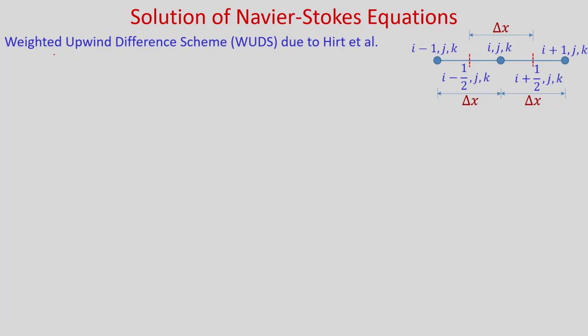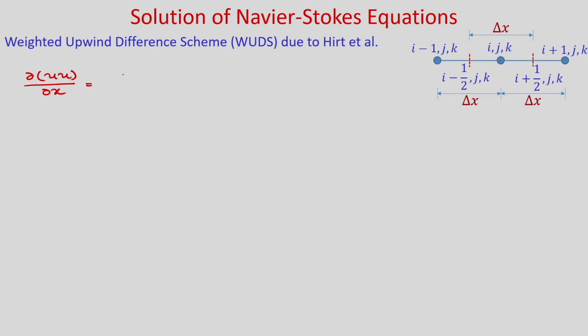So, here we will use the convective scheme proposed by Hart et al. This is the scheme we will use, the weighted upwind difference scheme, which is known as WUDS, due to Hart et al. So, you can see we have del u by del x, right. This is to be discretized for the velocity here at i, j, k.